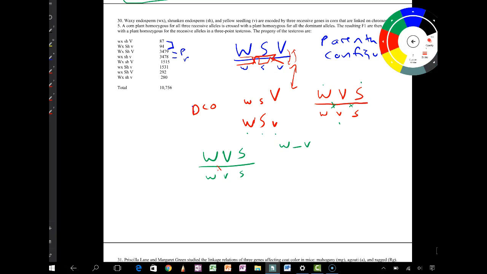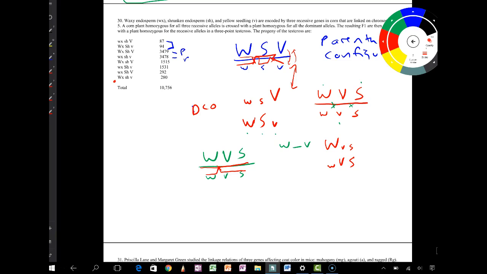And then we look for our single crossovers. If we get a single crossover, we get big W, little v, little s. And we get little w, and then big V, big S. These numbers, so just waxy, or just big W by itself, is this guy.